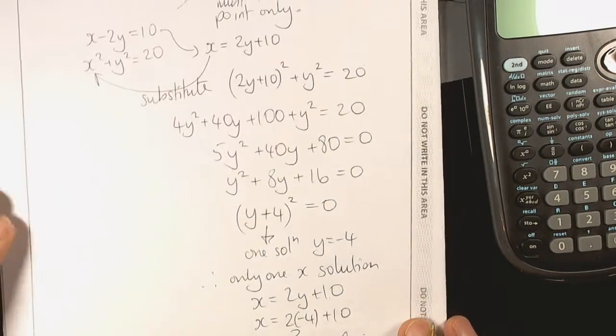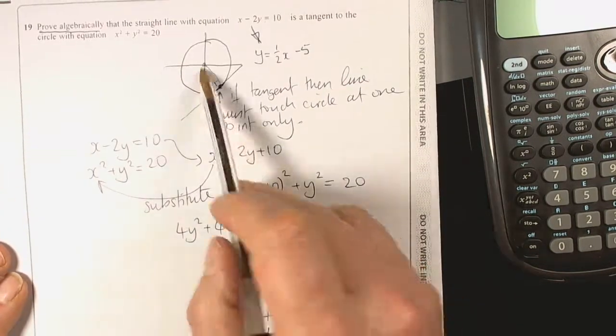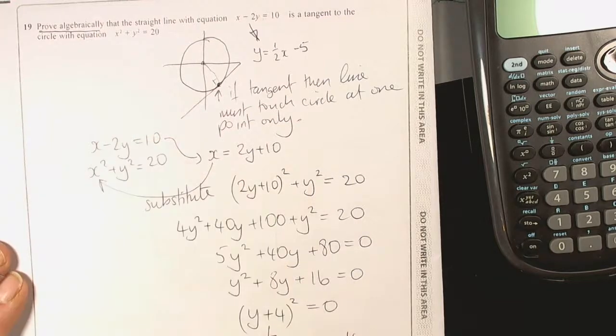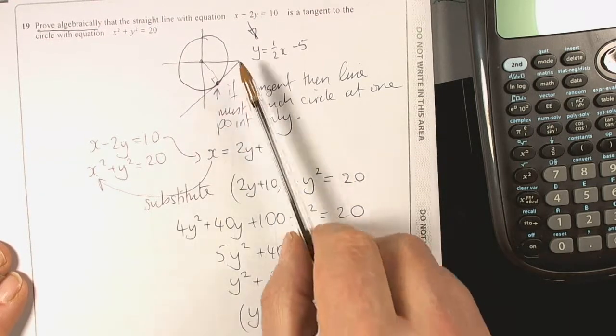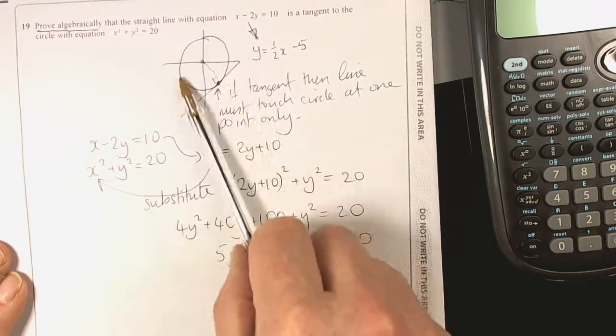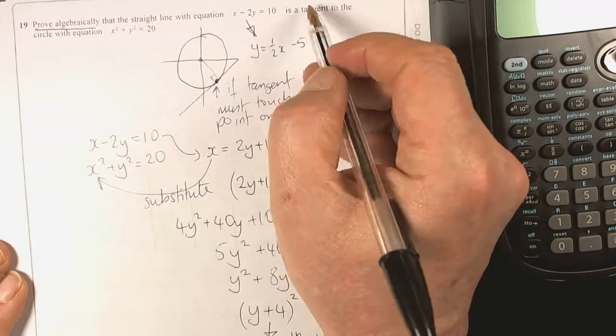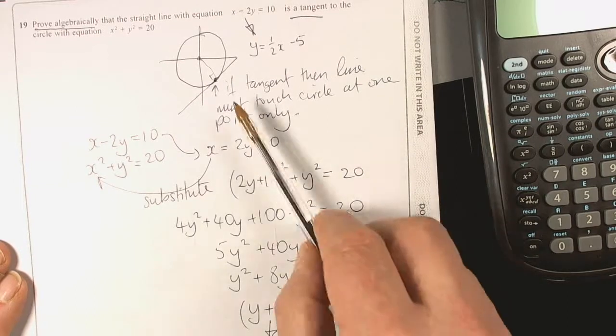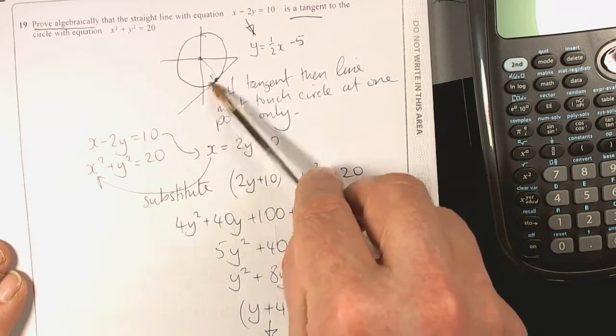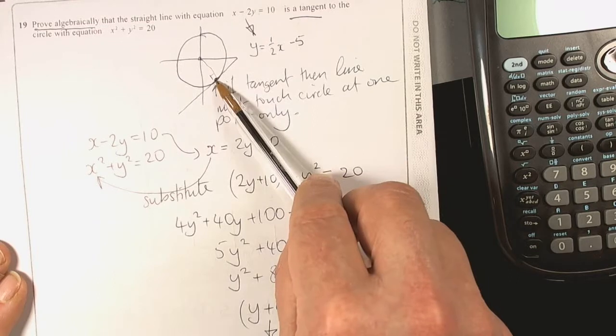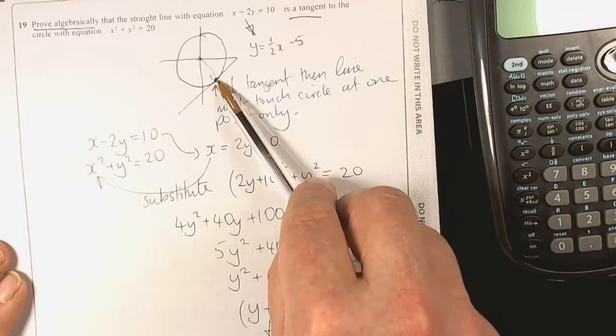Okay, so if we go through the logic then. This question talks about proving algebraically, so we'd have to do some algebra work somewhere, and if we sketch out a picture we can see what roughly they're talking about, and they're telling us to prove that it's a tangent. So if that's a tangent, then it must meet the curve at one point only. So we needed to work out those coordinates.